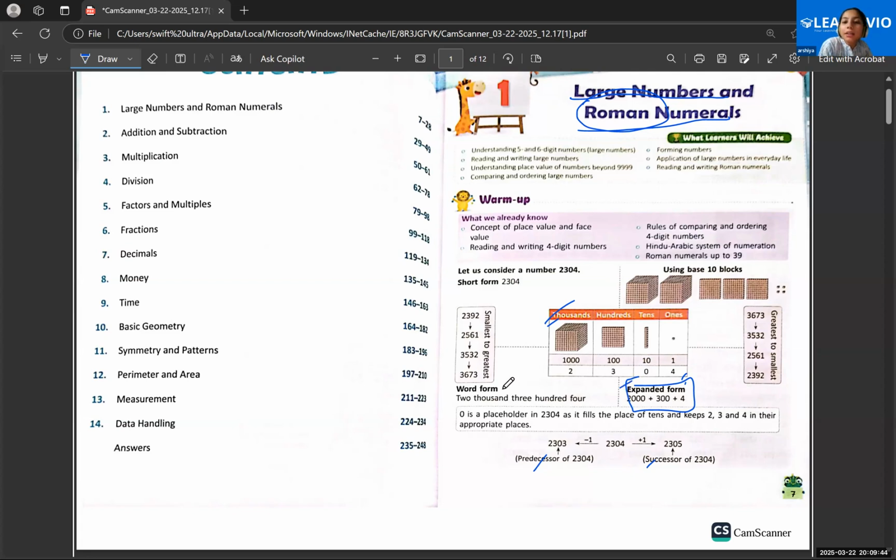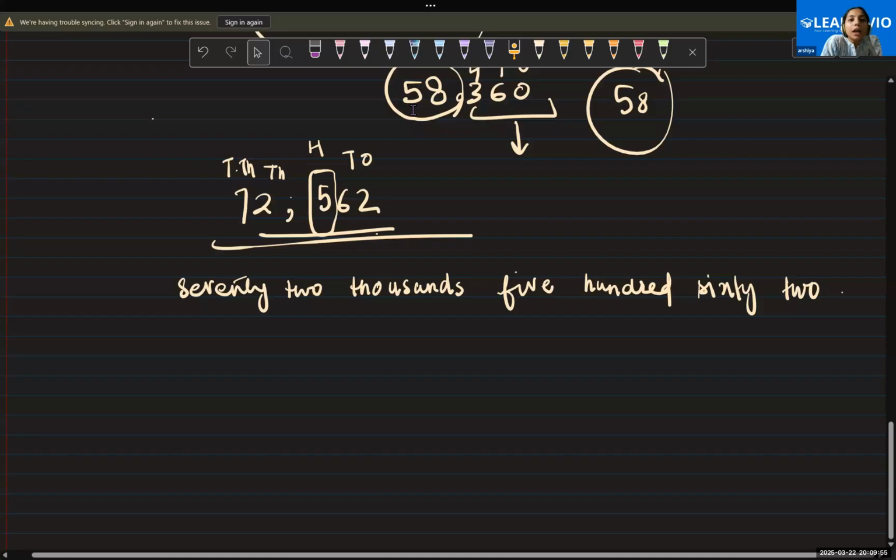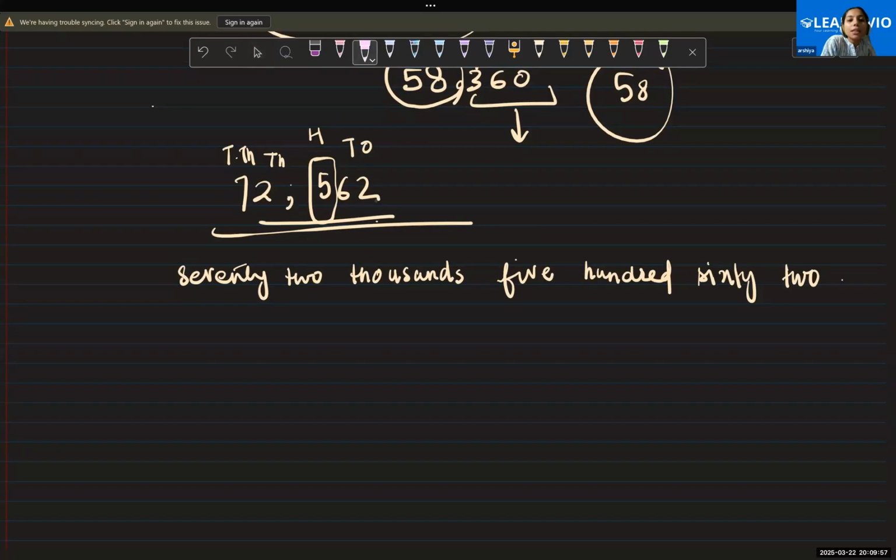First we will do the expanded form and word form, and then we will go to the questions. It's very easy. The word form is this one. The number you told me, 72,562. If I want to write it down, this will be my word form. You've already written this. Just write down word form like this in your notebook.